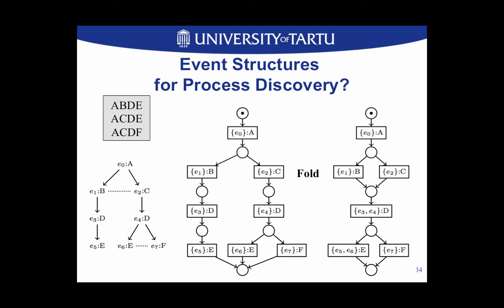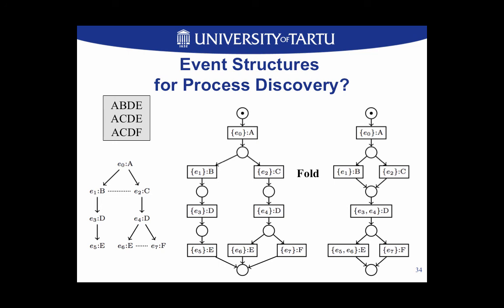If these 2 things are such that the future of one contains the other. This is the future of D, and this is the future of this D. The future of D is E and F. The future of D is E. EF contains E, roughly. So I can then fuse them into a single one.